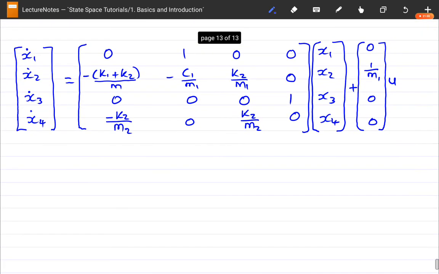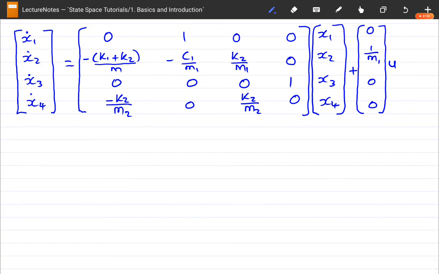So now for the output equation. For the first time in our examples, we have a proper output matrix. It's a column vector, more than one output. Very exciting stuff. And 1, 0, 0, 0, and that's going to be 0, 0, 1, 0.